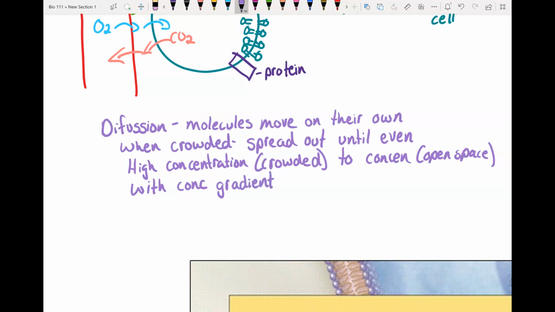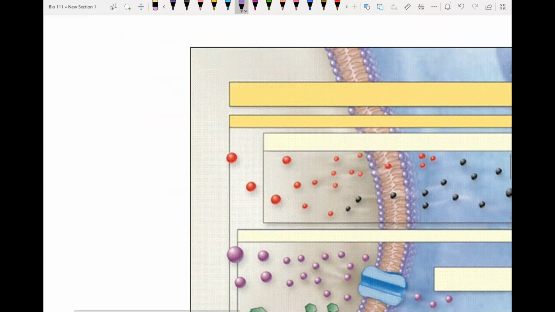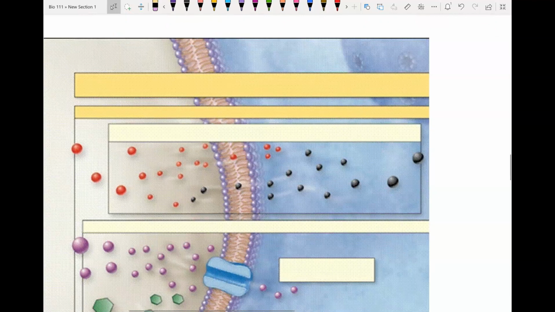So diffusion is molecules moving with their concentration gradient. They simply spread out from where they're crowded to where there's open space. So now let's look at this in the context of a cell.